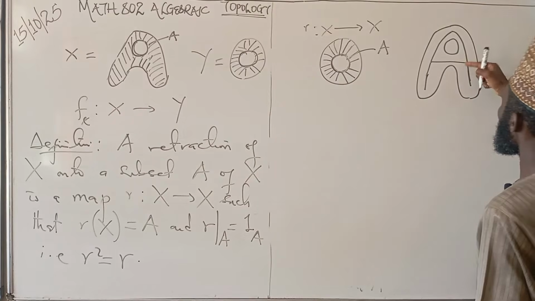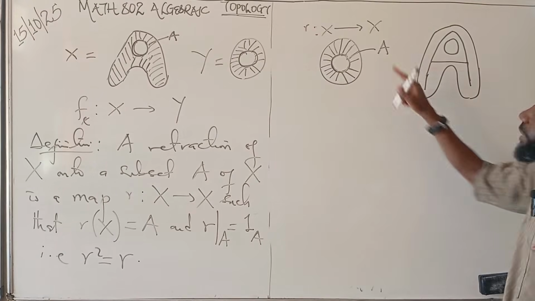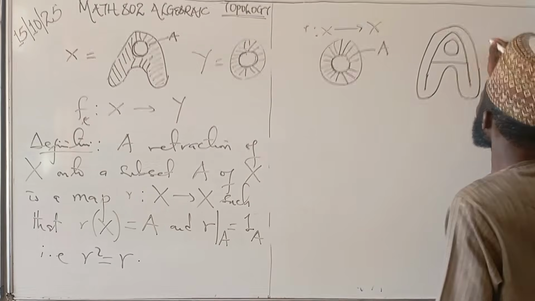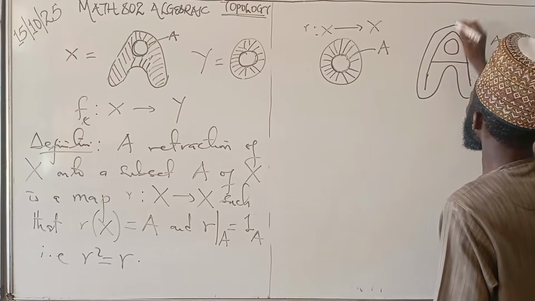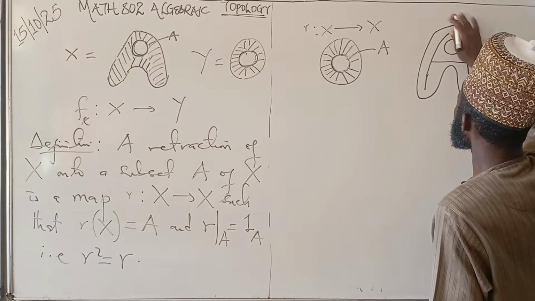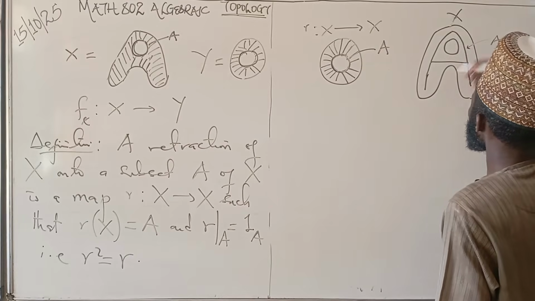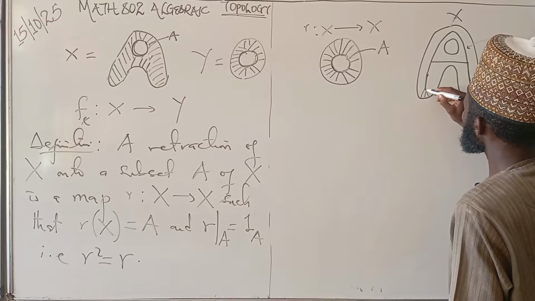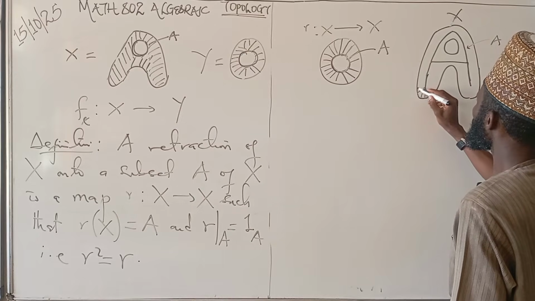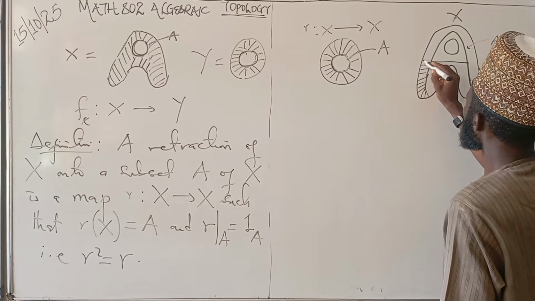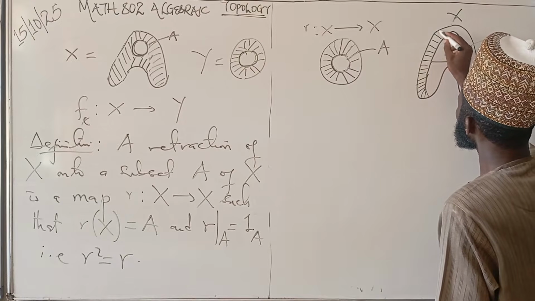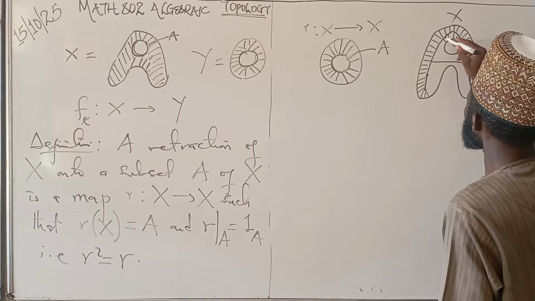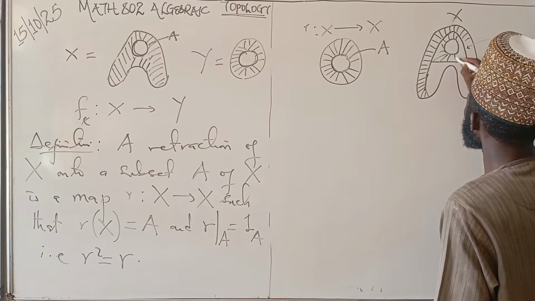The thin A is our subset A and the thick A is the space X. So you have the subset A here and this is your space X. But then you can define a mapping and send all these points down to this point here. So you can think of mapping all these points down to the thin A.